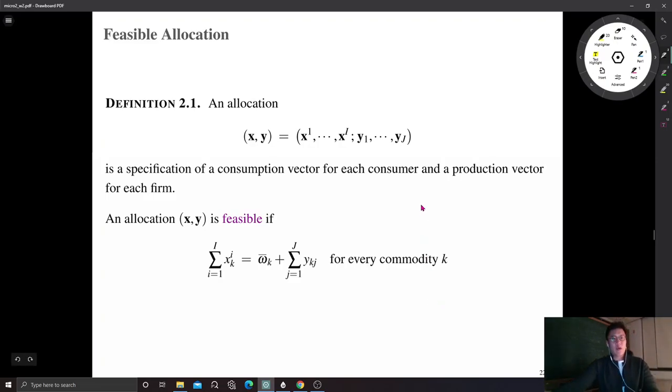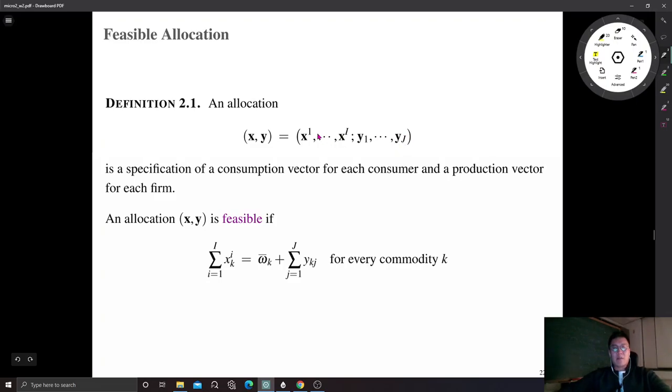All right, so we first define a feasible allocation. An allocation in this economy should specify consumption bundles for each consumer, so from x^1 to x^I, the allocation of L commodities for each consumer, and the production plan for each firm, so from y_1 to y_J.